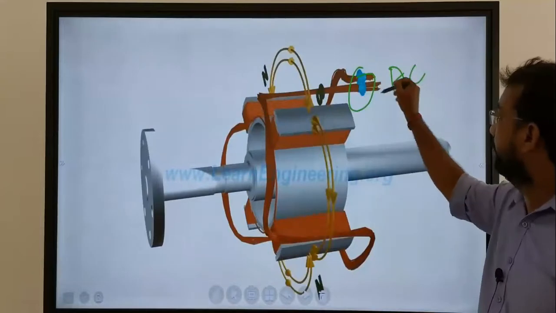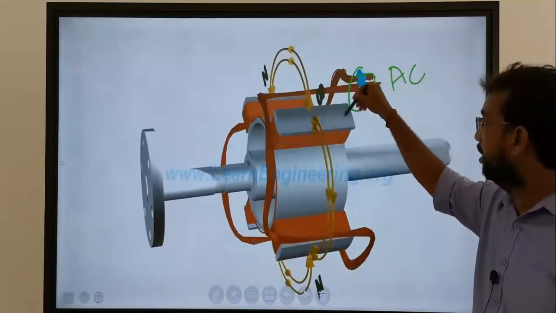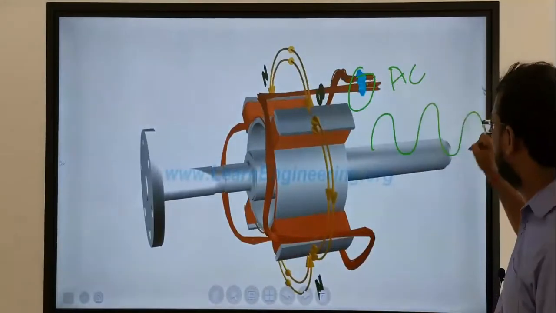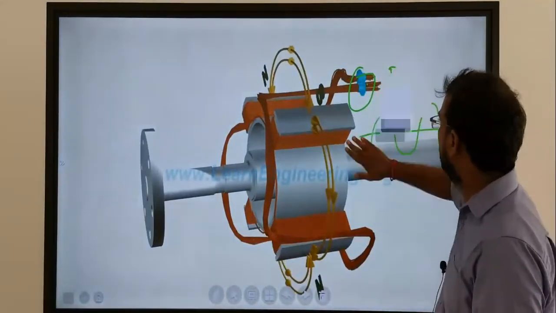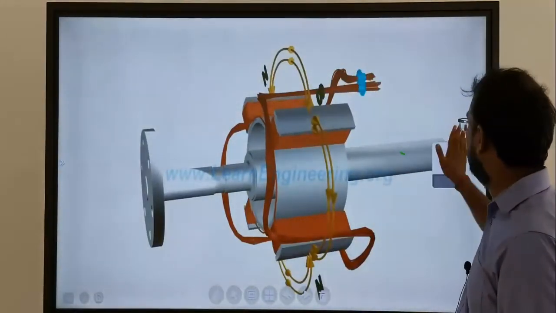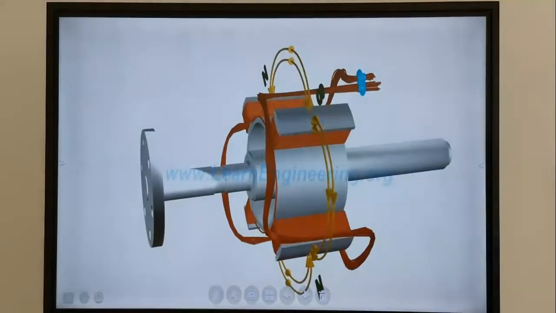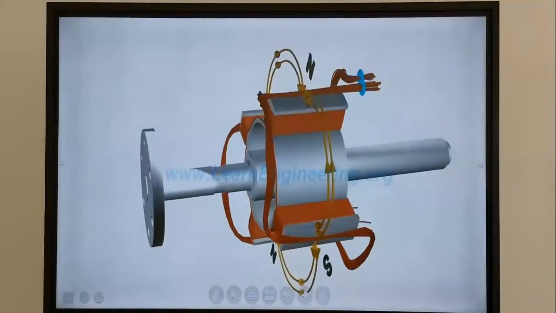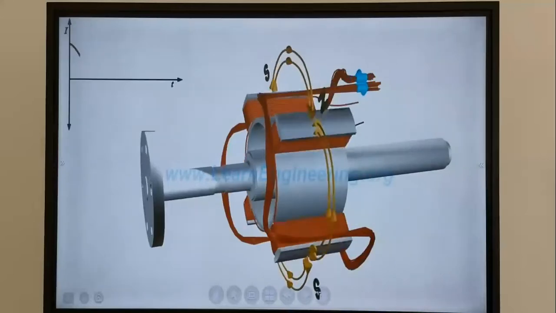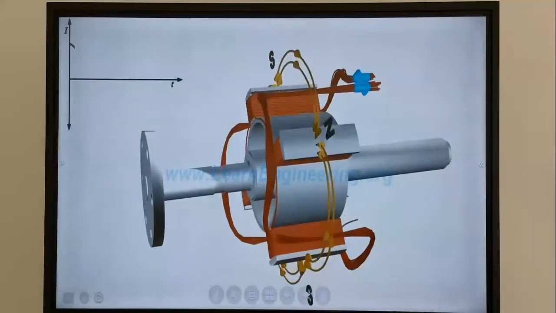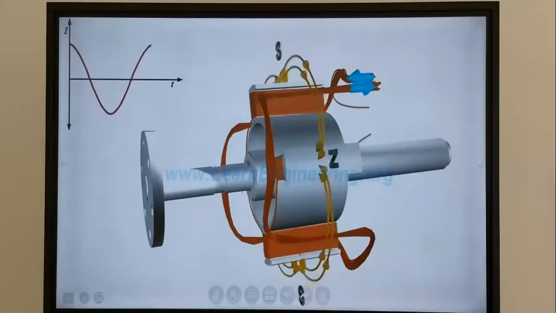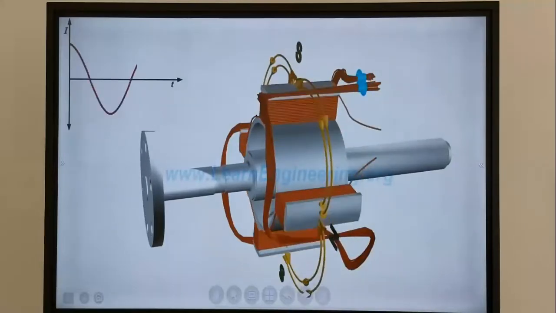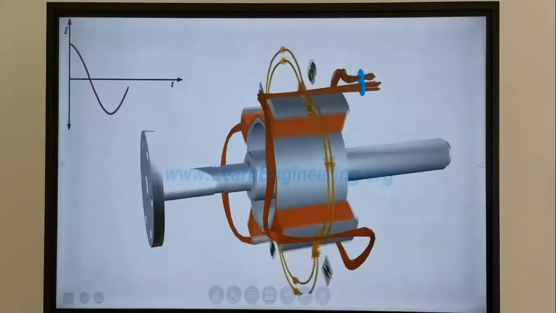Because of this variation, the current direction also changes. That's why the AC current comes like this, because of the changing magnetic field. So the alternating current is produced because of the changing characteristics of the poles.